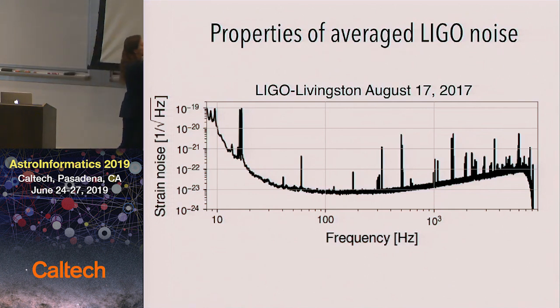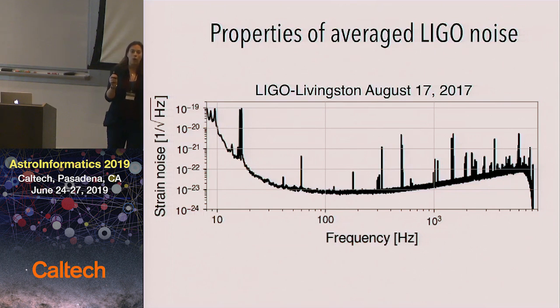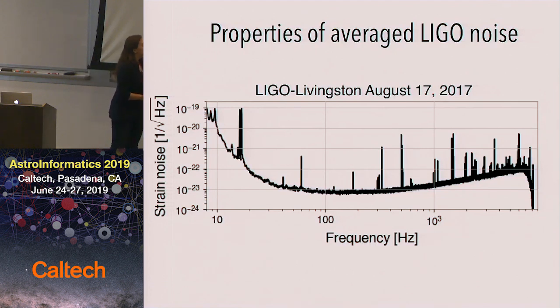In the middle, in our most sensitive frequency regime, we will be limited by thermal noise. This is actually the Brownian motion of the molecules on the optics interfering with our relative displacement measurement. So think on that for a moment to really get a sense of the scale of the relative measurement that we're making. We will come to rest on that fundamental limit once we hit design sensitivity. We're not quite there yet.